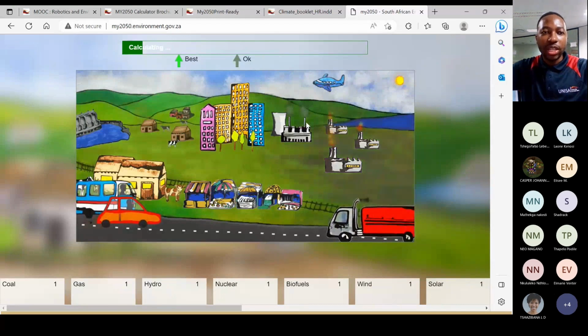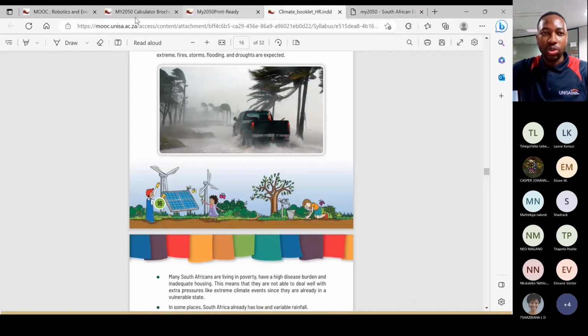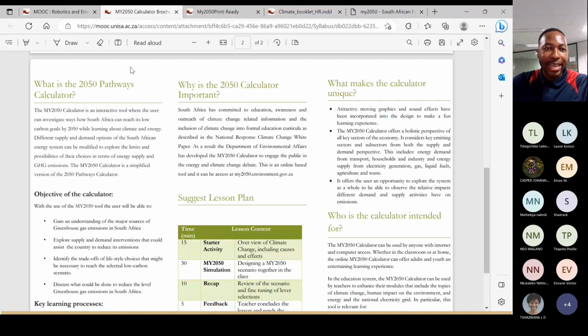And you can keep your screen there, but I want to touch on this so that you can understand what this is. So this is the 2050 pathways calculator, an interactive tool where the user can investigate ways of how South Africa can reach its low carbon goals by the year 2050, while learning about climate and energy.